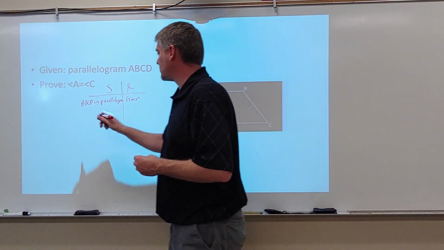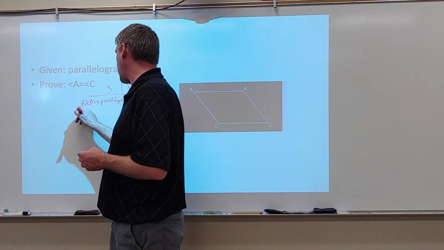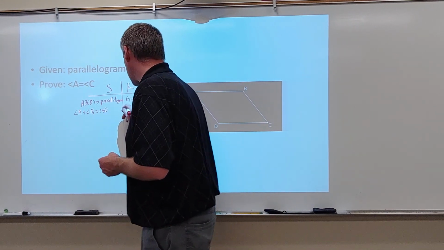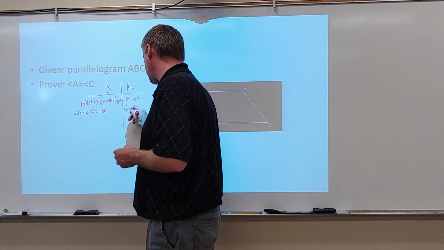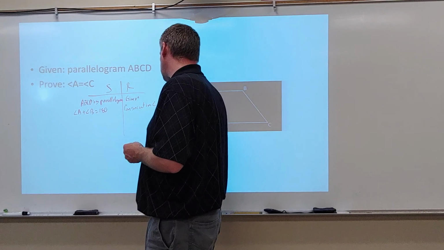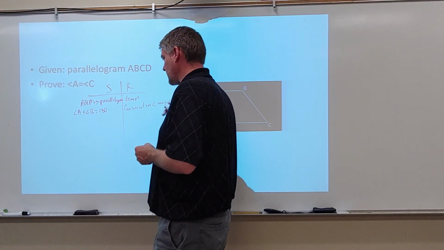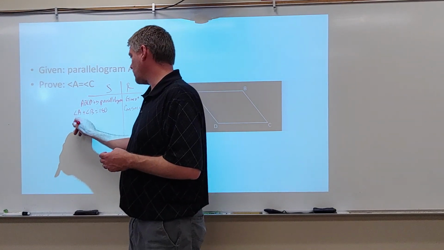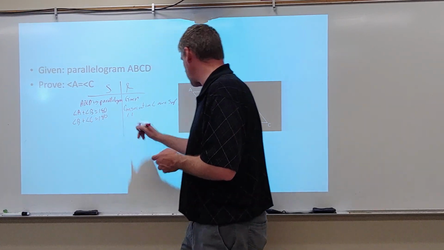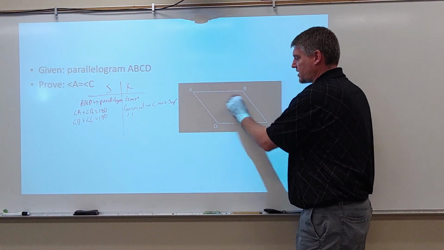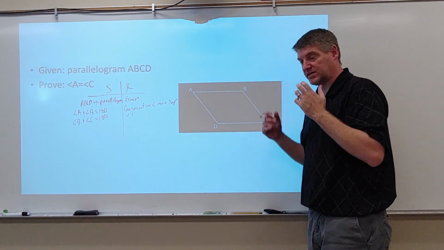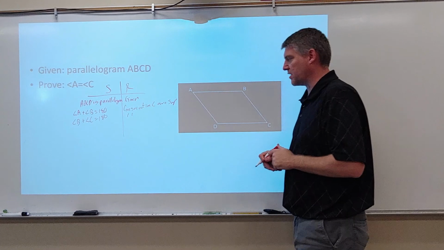So the first thing I'm going to do is go angle A plus angle B equals 180. And that's consecutive angles are supplementary. Okay? And I'm going to go angle B plus angle C equals 180. And it's the same reason, right? A, B, these have to add up to 180. B, C, these have to add up to 180, right? Same side interior are supplementary.